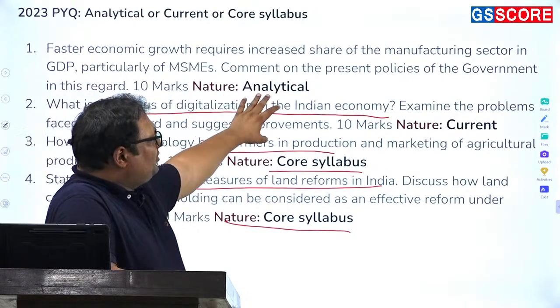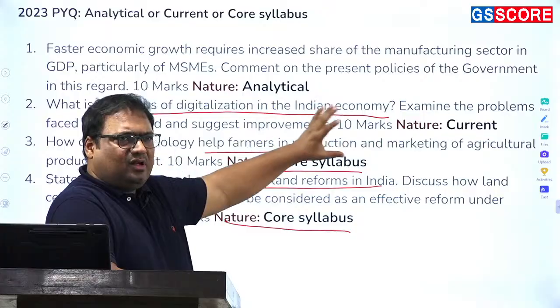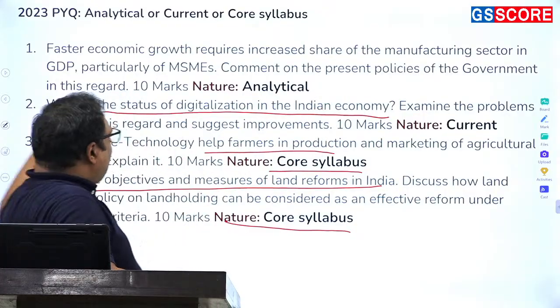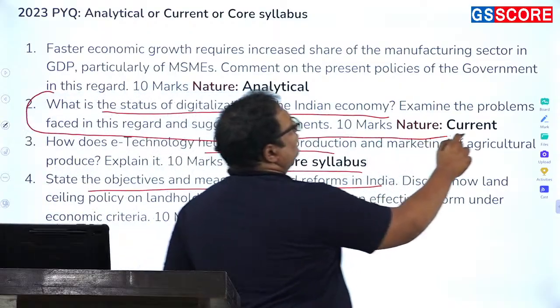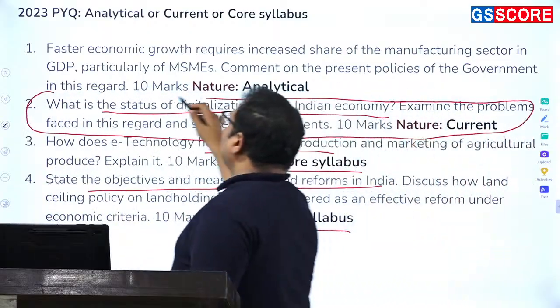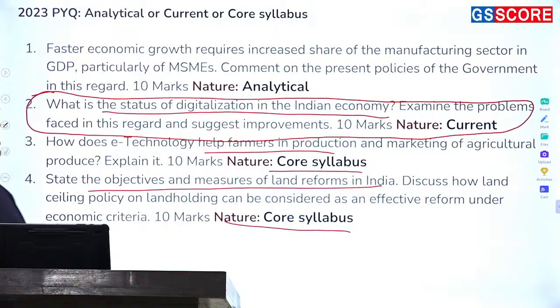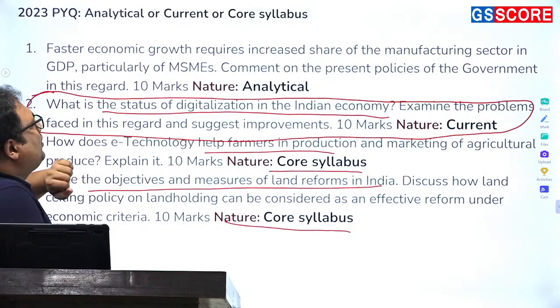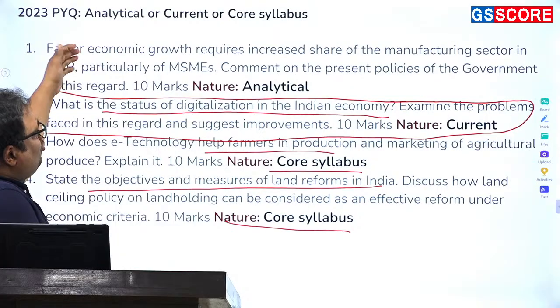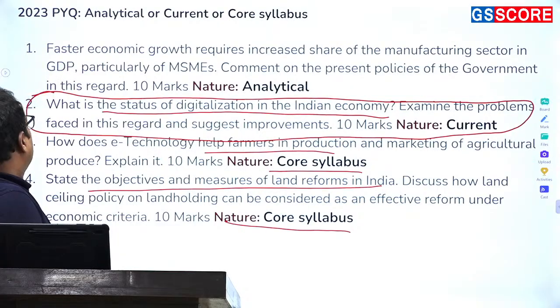So this was from general observations in the news. You cannot trace this question to the syllabus. This is something you can answer only from current affairs. If you are reading the newspaper regularly, you can answer it, but the rest of the questions you cannot. So the first question is highly applied and analytical.